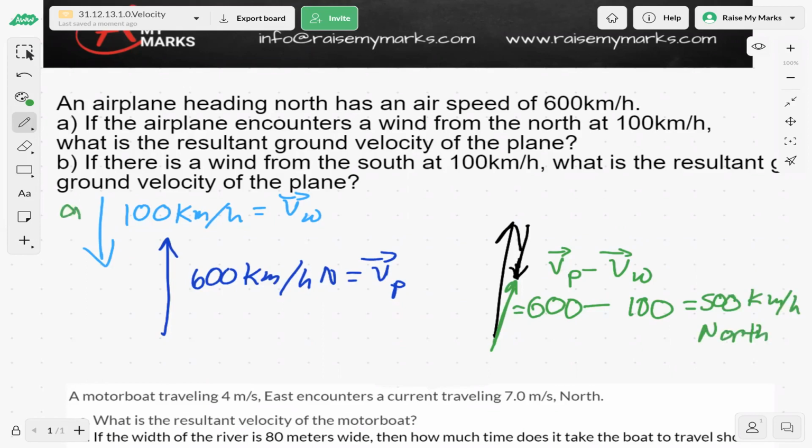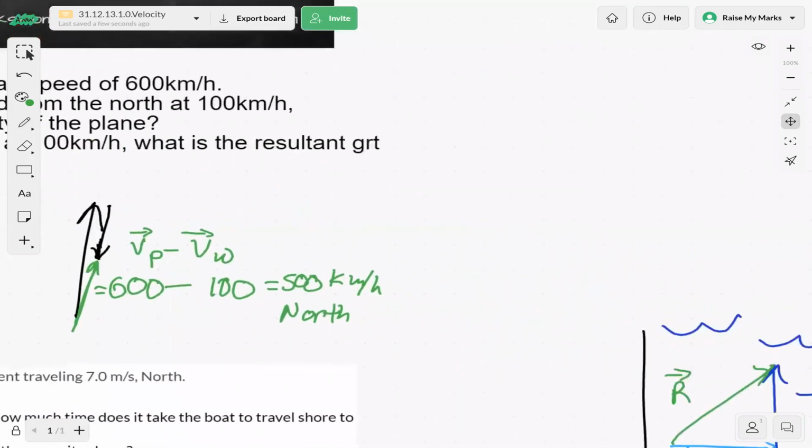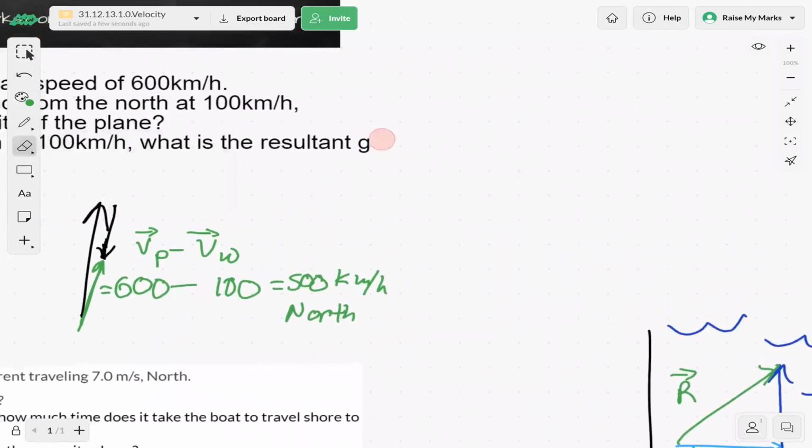Okay, so that's part A. But part B: if there's a wind from the south at 100 kilometers per hour, what is the resultant ground velocity? All right, so now in this case, let's correct that, resultant ground velocity.